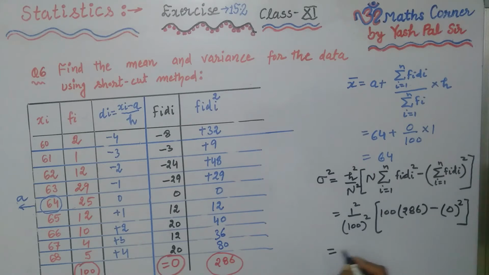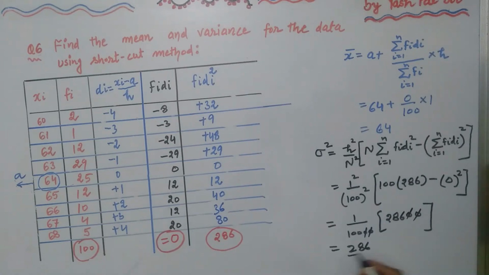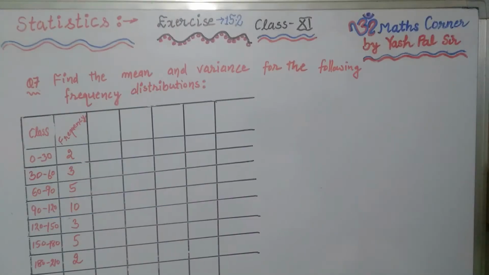So what do we find now, 1 upon 1, this result is 28600, two zeros cancelled, so 286 divided by 100, that is 2.86 is the variance of this data.